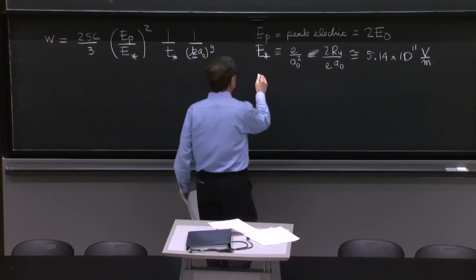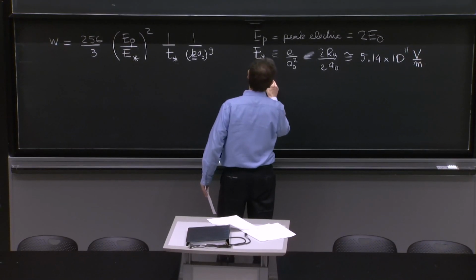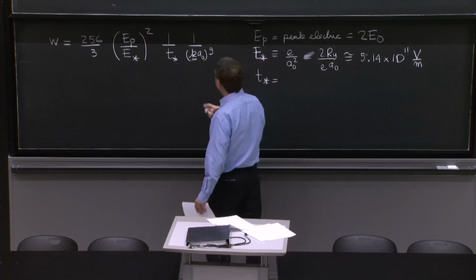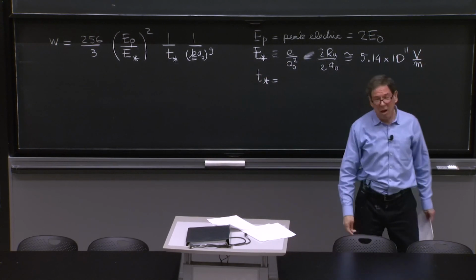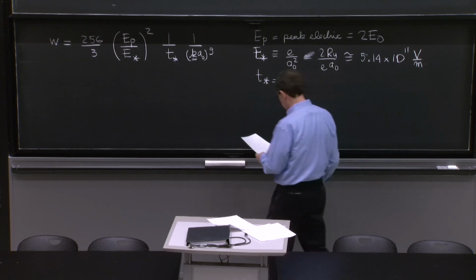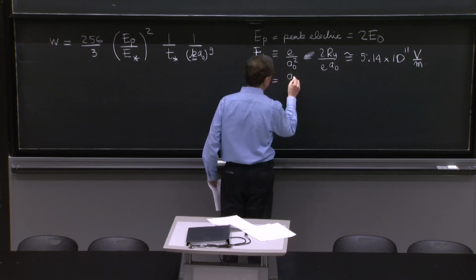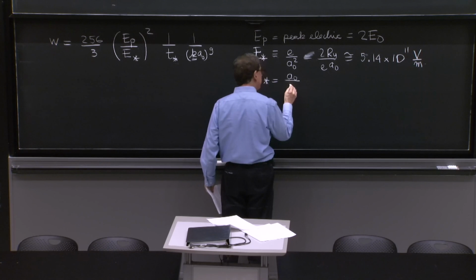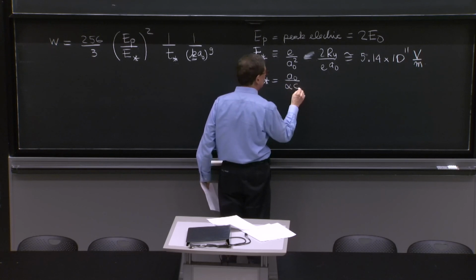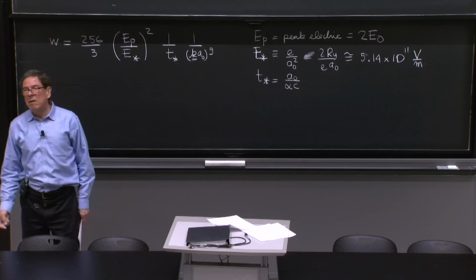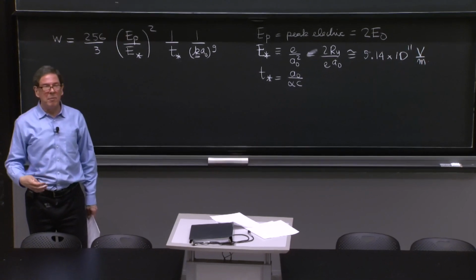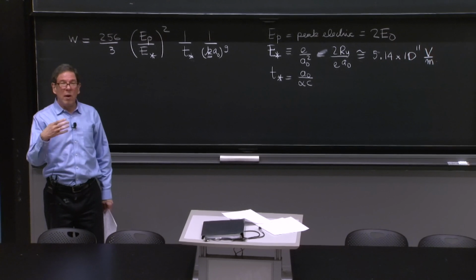And then T star is the time the electron takes to travel a distance A naught. So it's A naught over the velocity of the electron, which is roughly the fine structure constant times C. You remember the electron has a beta parameter equal to 1 over 137.